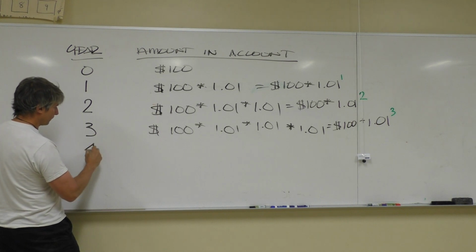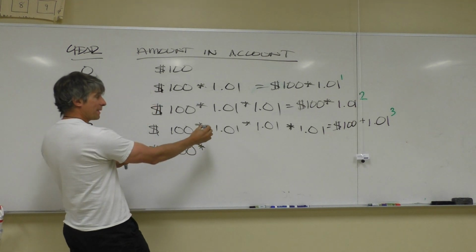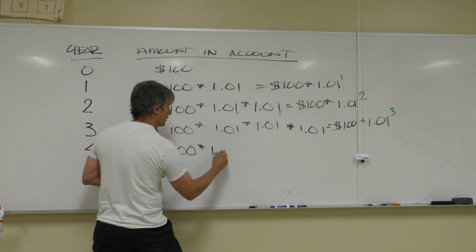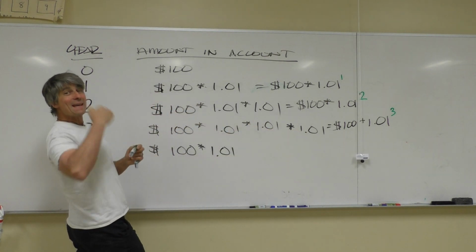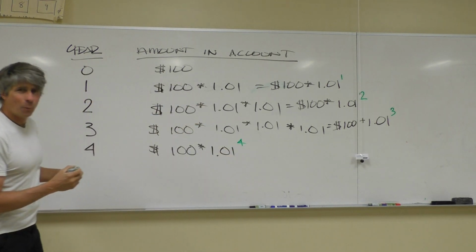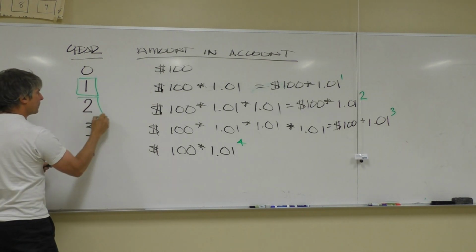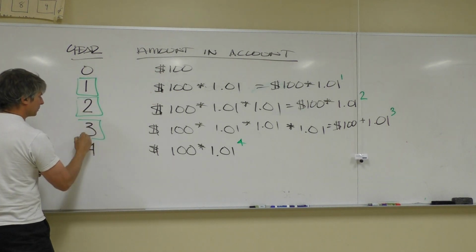In year 4, it's $100, and there's going to be those 3 1.01s, and then the additional 1.01, so it's going to be to the 4th. And hopefully you're seeing this. It means the years match the power on the multiplication.